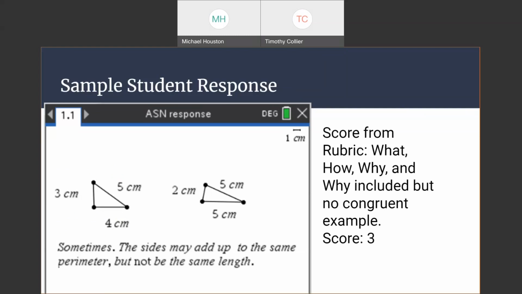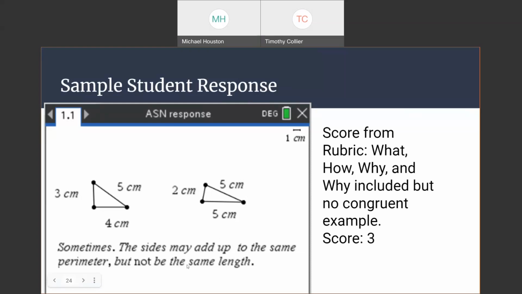And they opted to justify using an image, showing here's one with the perimeter of this much, same perimeter, but it looks completely different. So here we have a pretty decent justification, but not quite as clear as we wanted it to be.